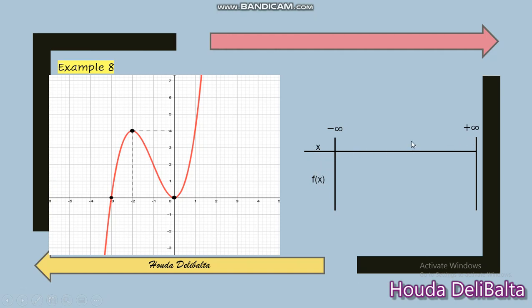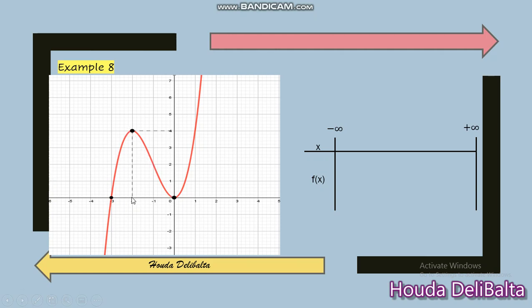Then I have to spread the abscissas that I care about between minus infinity and plus infinity, moving along the x-axis. And let's start. From minus infinity till minus 2, the curve is increasing, and the change starts to occur at minus 2.